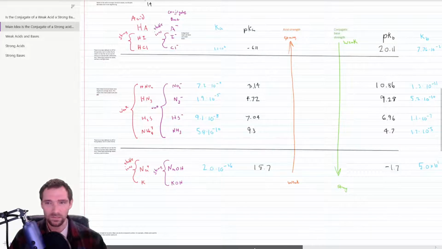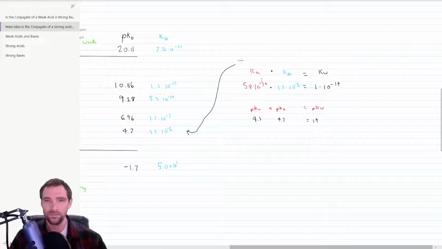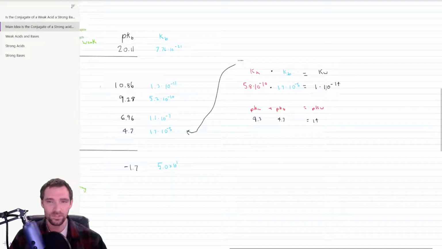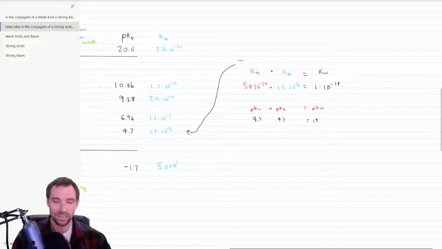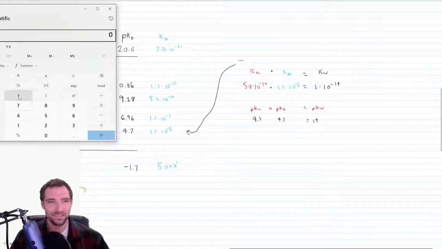You can also relate this through the Ka and Kb. If you multiply them, that's the same thing as adding the exponents. So this is the Ka times the Kb, and if you multiply those together on your calculator, it's a little bit messy, but we can do that.